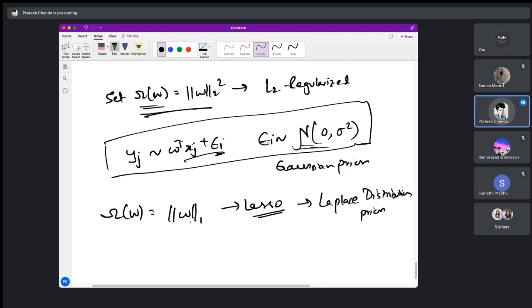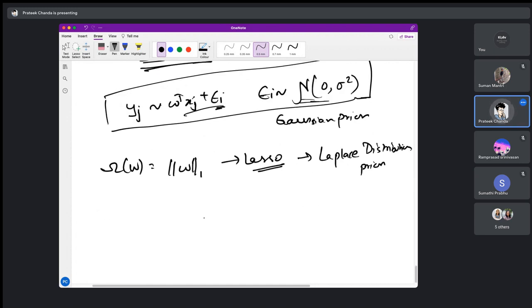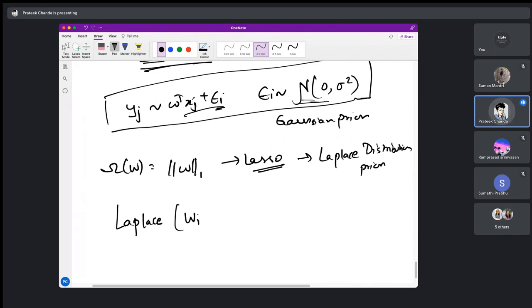Instead of a Gaussian prior, I now have a Laplace. I've defined what a Laplace distribution is. For Laplace, I have two parameters, mu and b, just like the Gaussian, where we had mean and variance. Now I have some mean, and b is like a variance here.